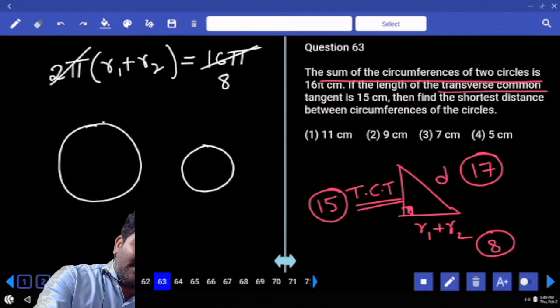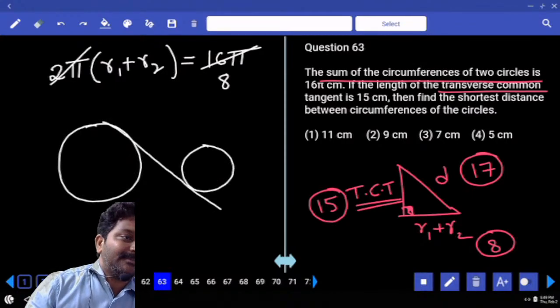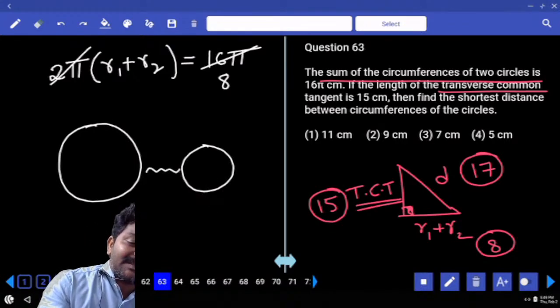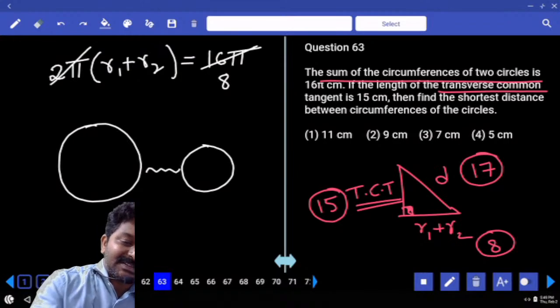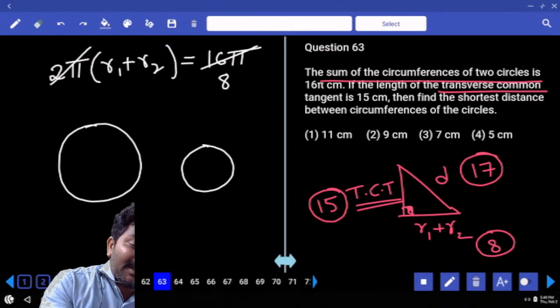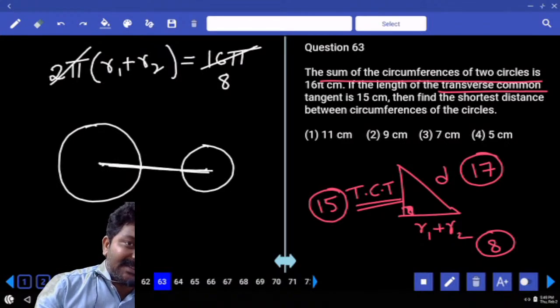Now understand the question. When you have a transverse common tangent, we were asked to calculate the distance between circumferences, the shortest distance. That means this part, right? This gap we need to calculate. This is R1. This is R2. And when you add everything, that is equal to the distance between two centers.